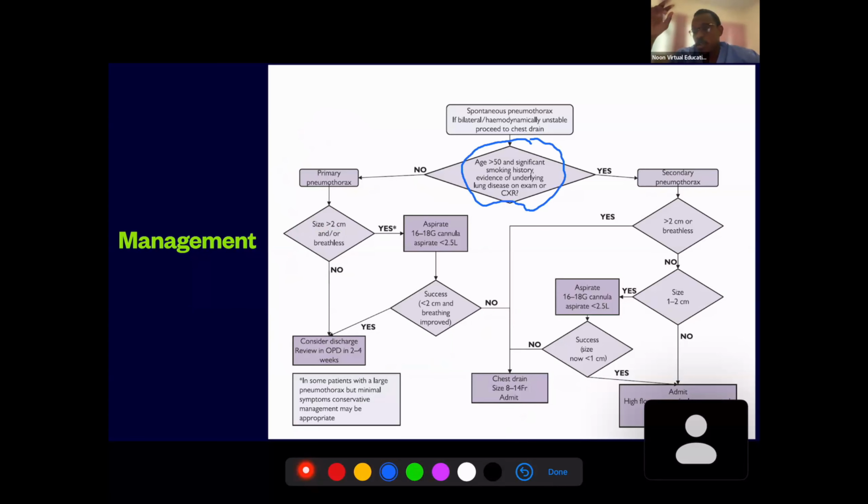If the size is more than 2 centimeters, or the patient has shortness of breath, and the patient has secondary pneumothorax, you will go directly and put just drain, admission, finish. Any secondary pneumothorax with size more than 2 centimeters, or the patient symptomatic, admission, just tube.